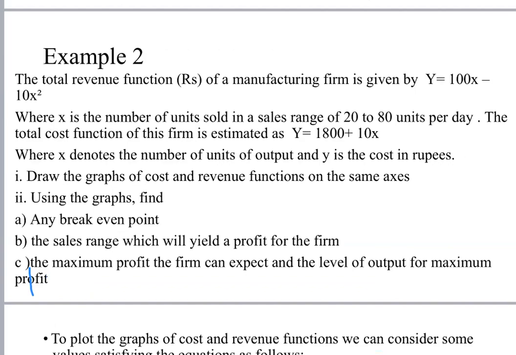The example is the total revenue function. Total revenue function is given by y equals 100x minus 10x squared. So we can know that equation is a quadratic function, not a simple straight line.